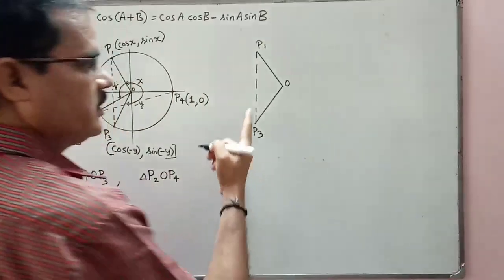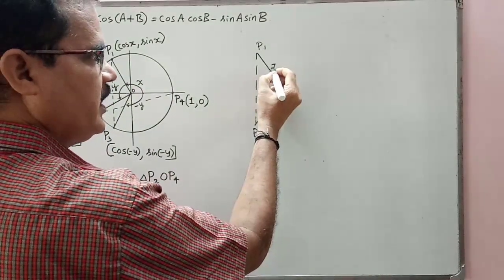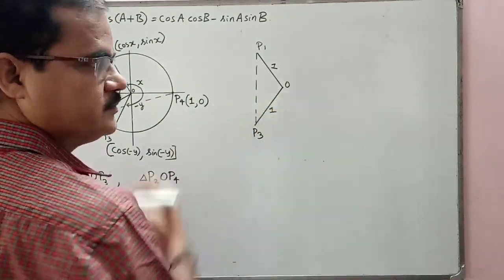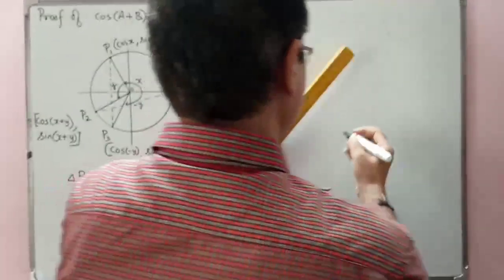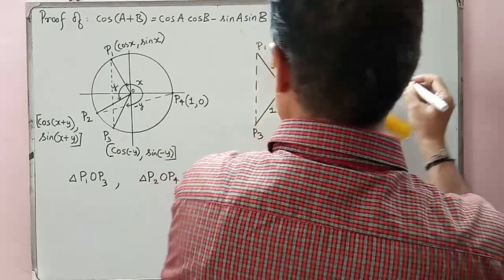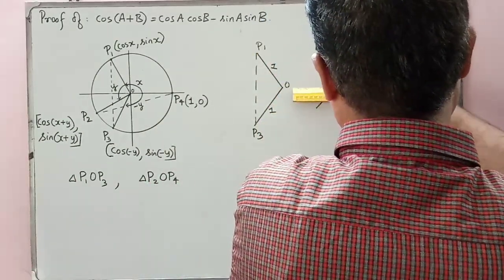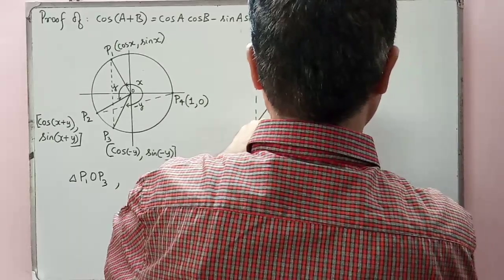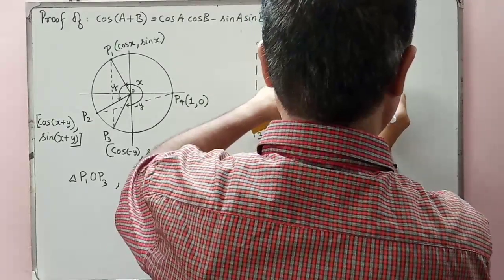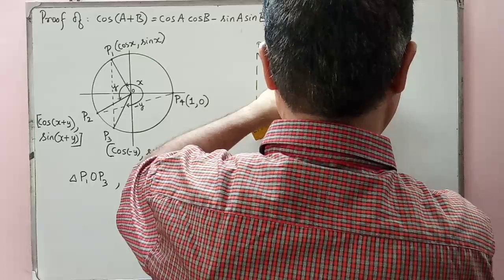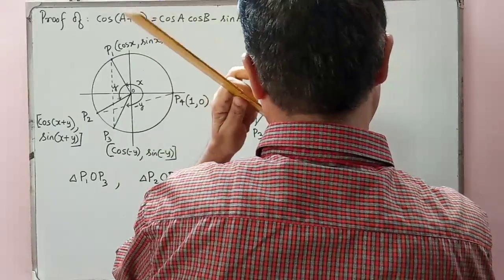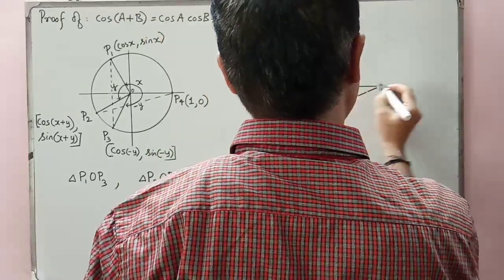This is a unit circle, so the radius is always 1. Okay, children. Now the next triangle. Origin.